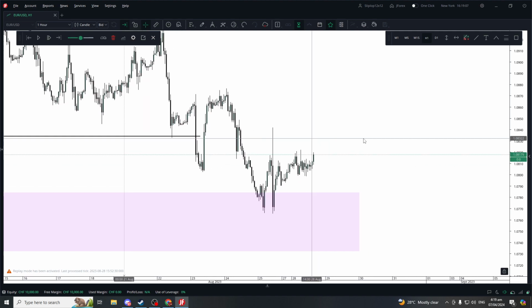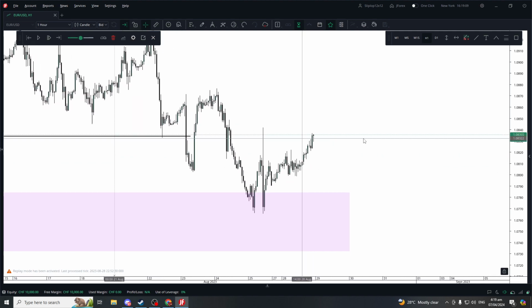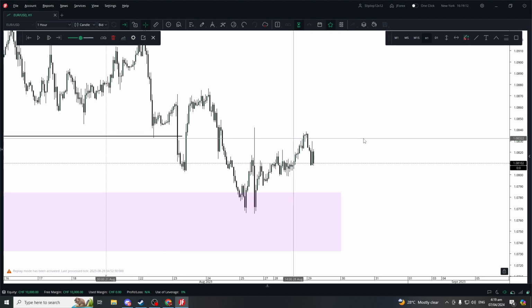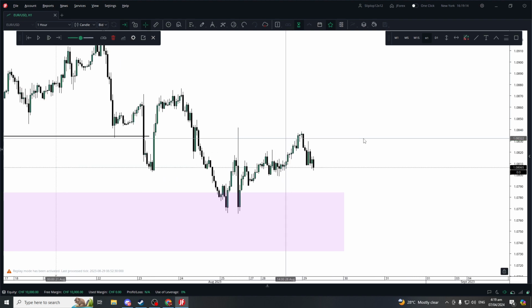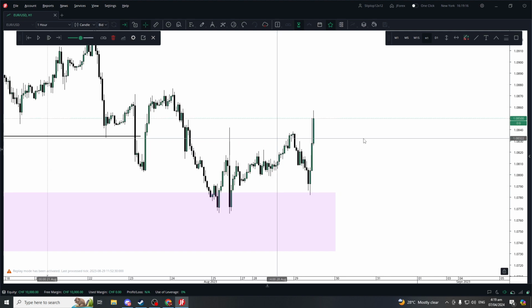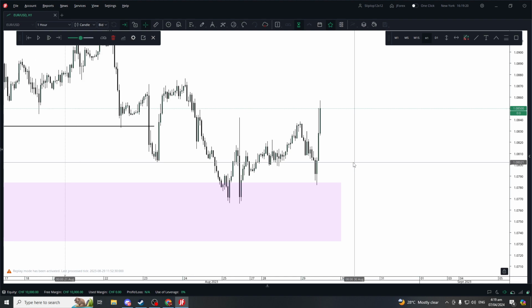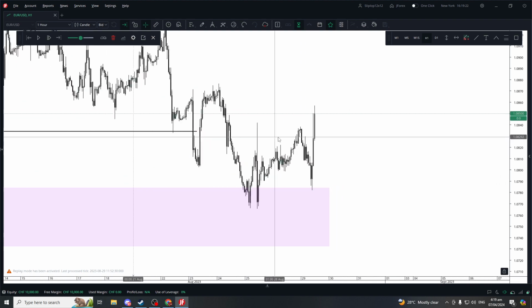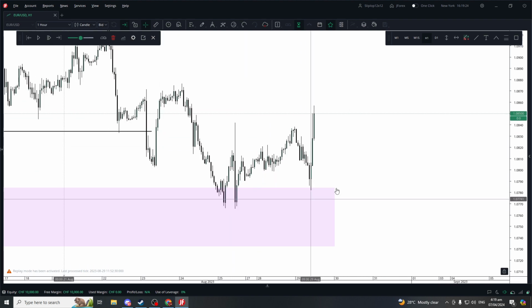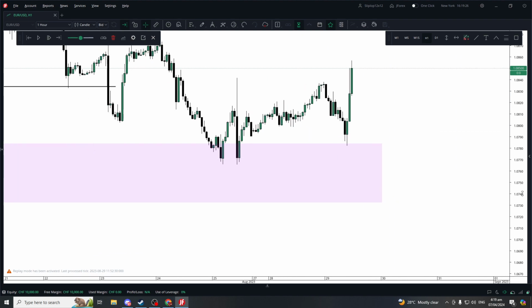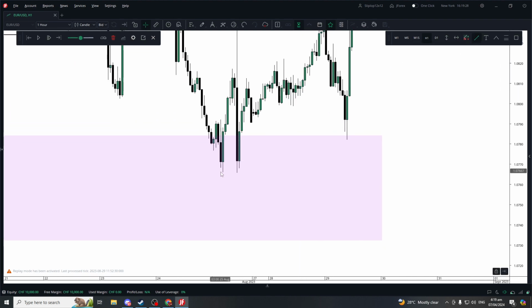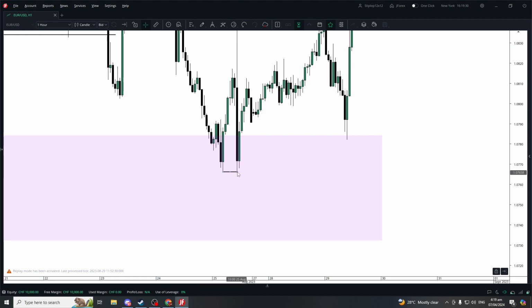Let's see if we can go higher. Okay, so this is the move that I want to see. And if we zoom in, it actually swept the low.